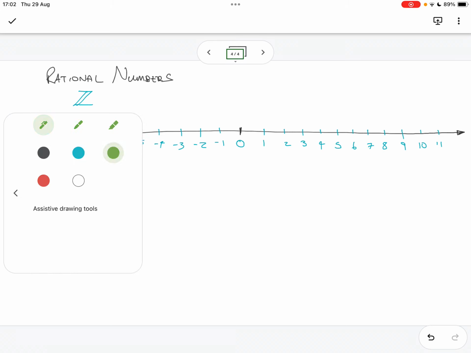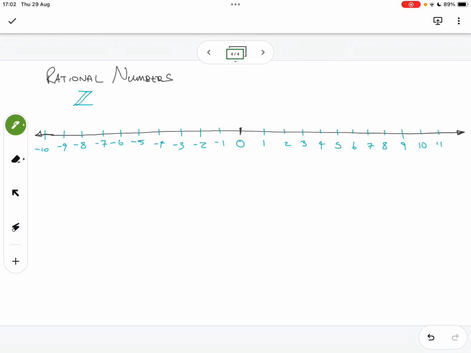Then for fractions, or rather for rational numbers, we'll use green. So if we were to plot half, for example, where would we put it?